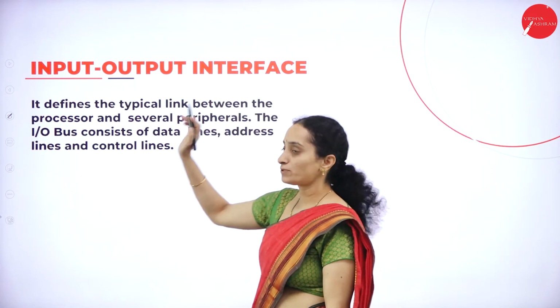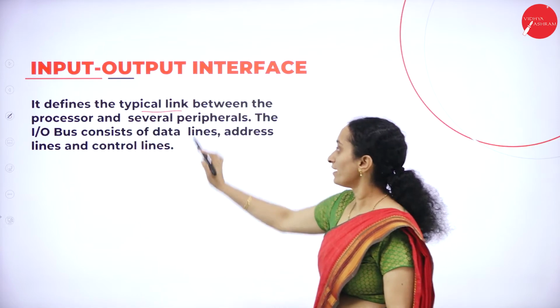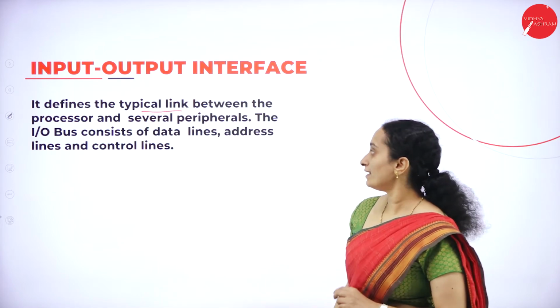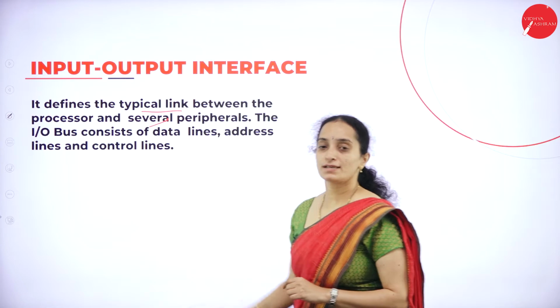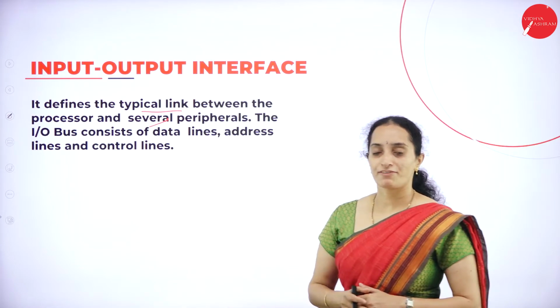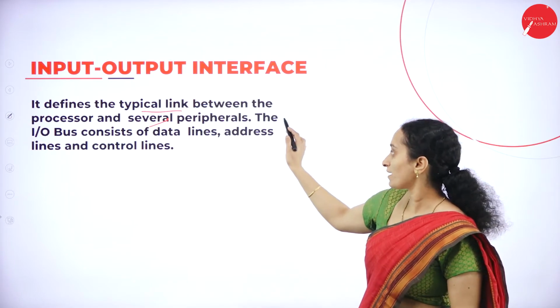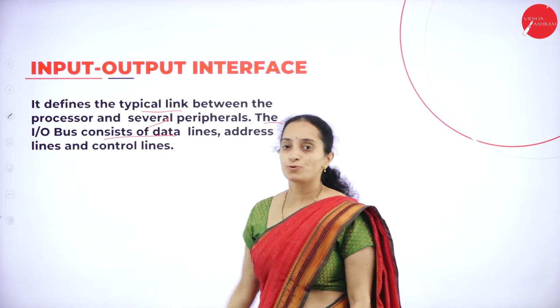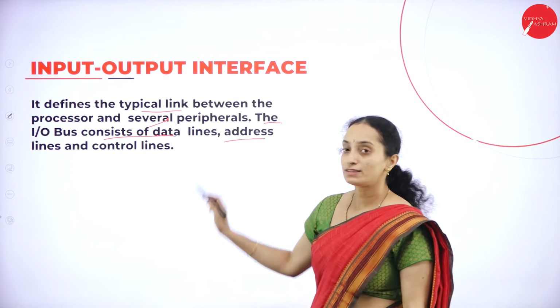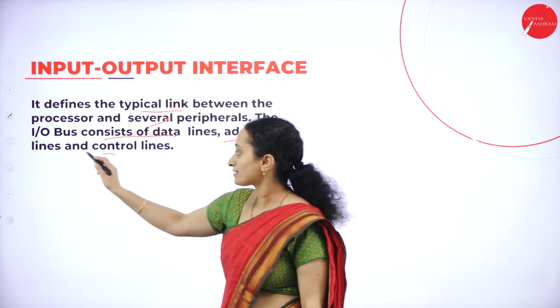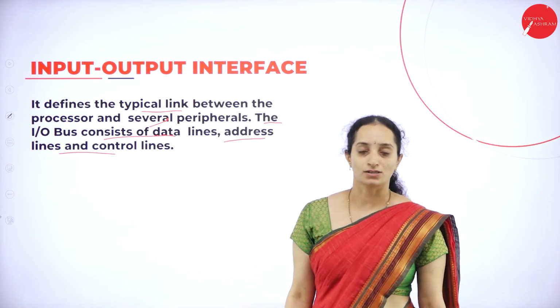The input-output interface defines the typical link between the processor and several peripherals. The input-output bus consists of data lines, address lines, and control lines.